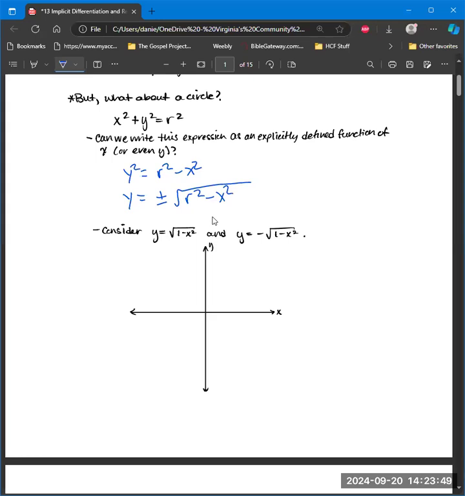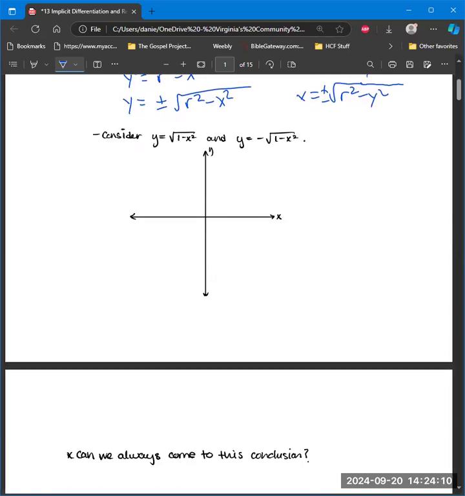Or we could try to make x a function of y. Say x squared equals r squared minus y squared, and x equals plus or minus square root of r squared minus y squared, and it doesn't work either way. We are stuck here. So we actually would have to graph two separate functions here.